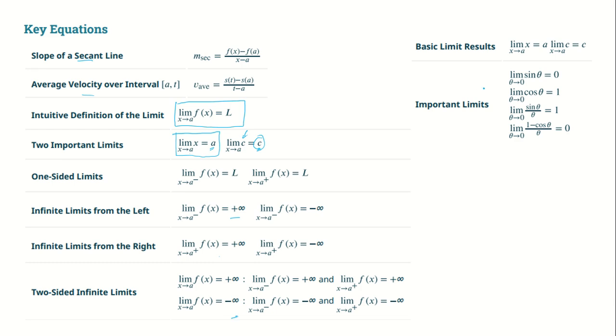Then the important limits here, and just now we have proved this, so we can use these two limits directly.